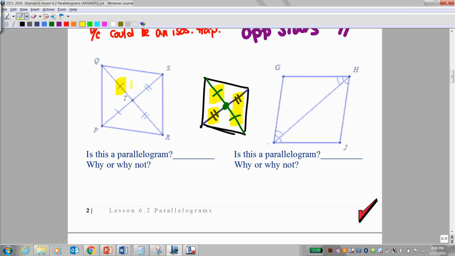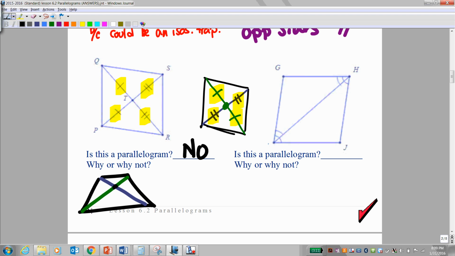But watch very carefully, the hatch marks do not match on either side. Instead, consecutive segments are congruent. So what could this be? This is not a parallelogram. Instead, watch very carefully. That's the middle right there.